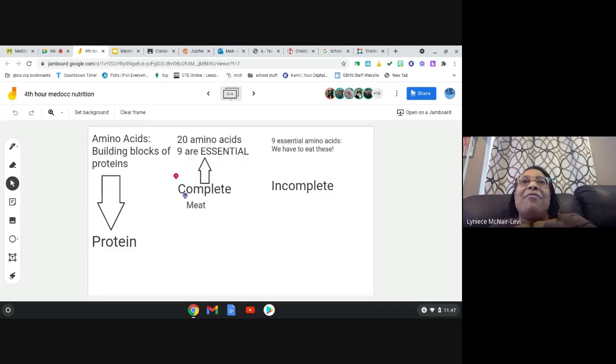When you're eating that roast at Easter dinner, you're eating pig butt. The meat products that you're consuming are muscular tissue. It's muscle. So it makes sense why meat is a complete protein.